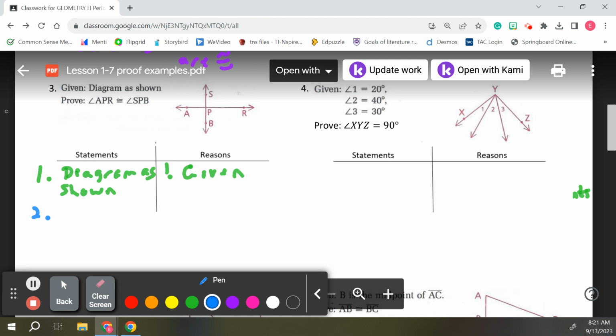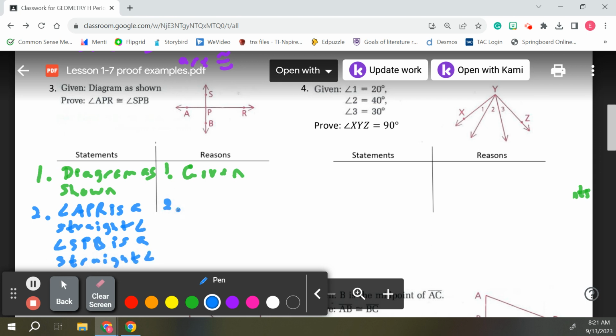So I'm going to put angle APR is a straight angle. And I'm also going to put angle SPB is a straight angle. And that is assumed from the diagram.